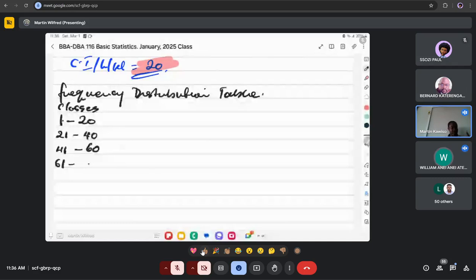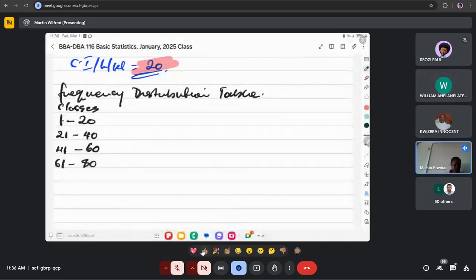Those, we have to come up with 5. How many do we have? 1, 2, 3, 4. From the group of 61 to the next group, we add 20, we come up with 81. And from the group of 80 to the next group, we add 20, it gives us 100.